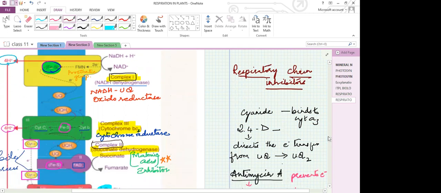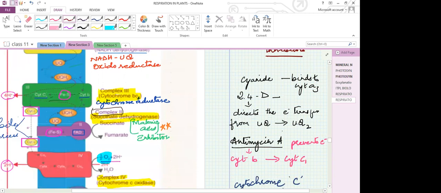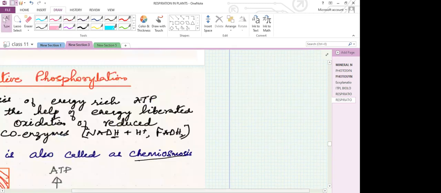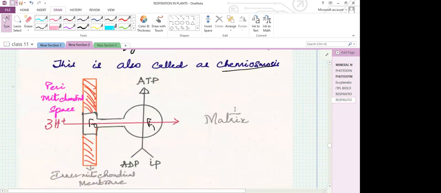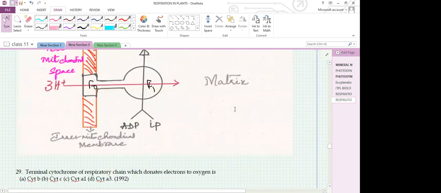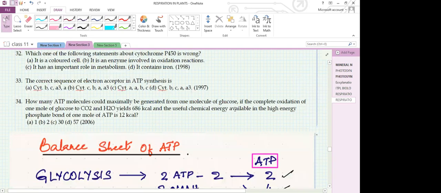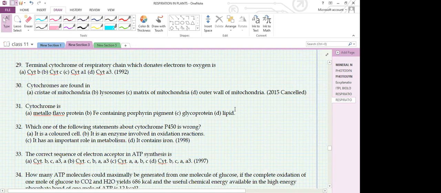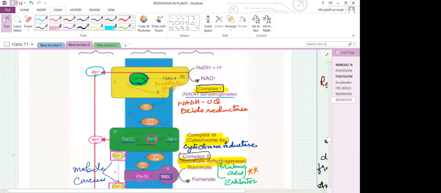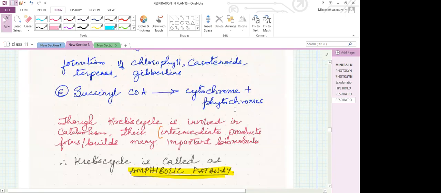Is this much clear? So now I want all of you to give me the answers. Yes, before going to these Krebs cycle questions, go ahead.